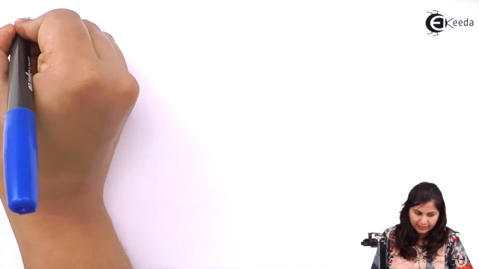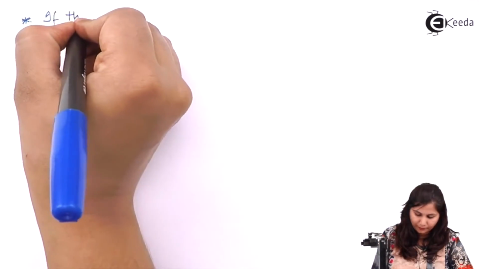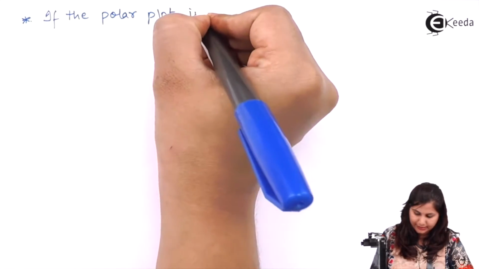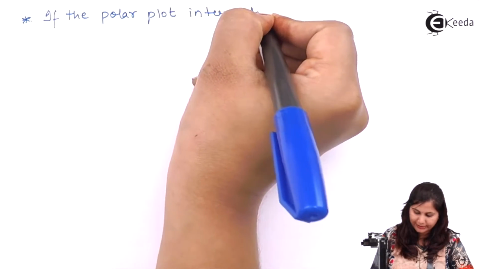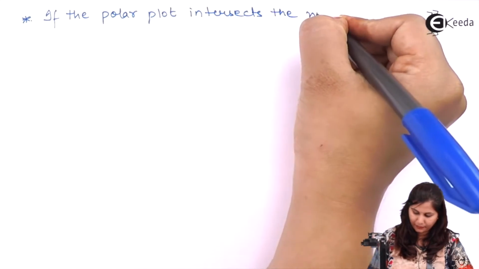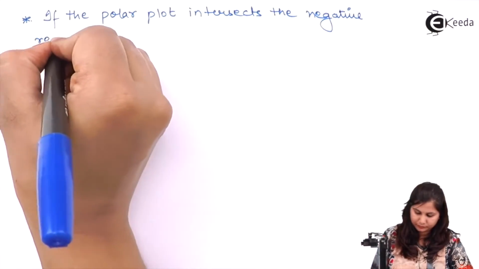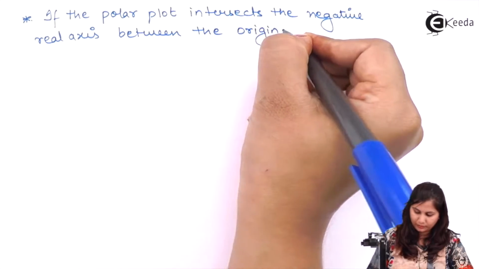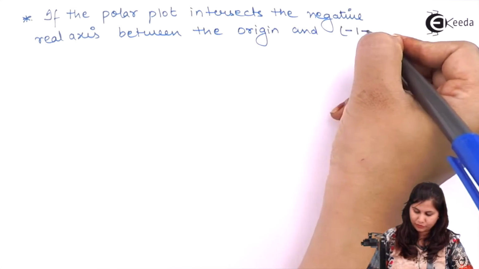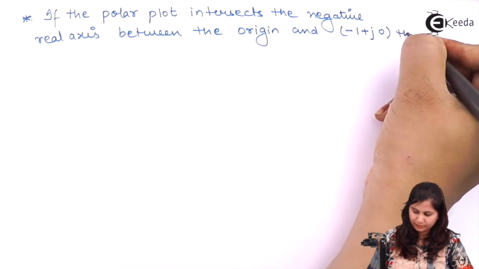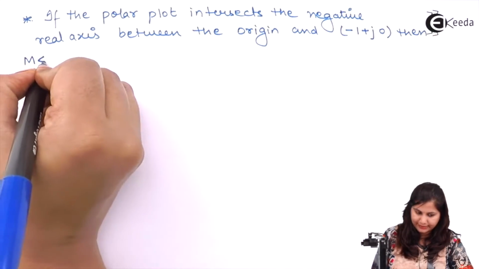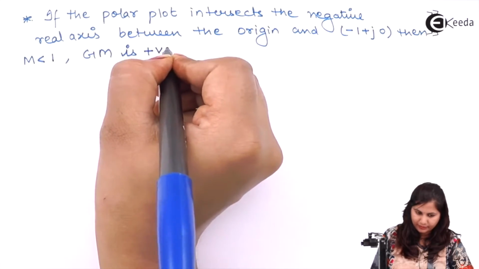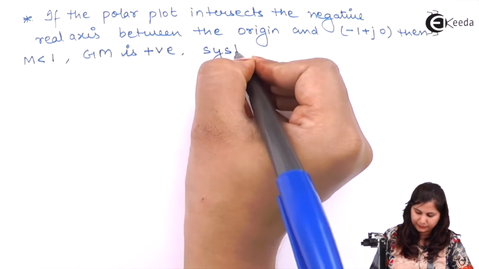First, if the polar plot intersects the negative real axis between the origin and -1 + j0, then magnitude is less than 1, gain margin is positive, and the system is stable.